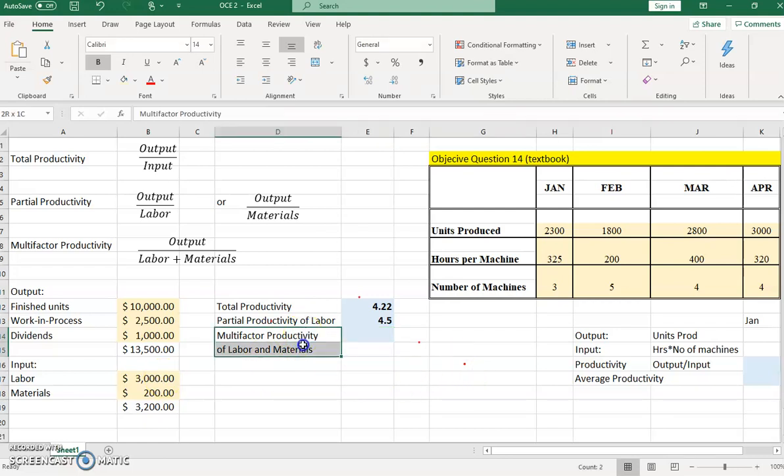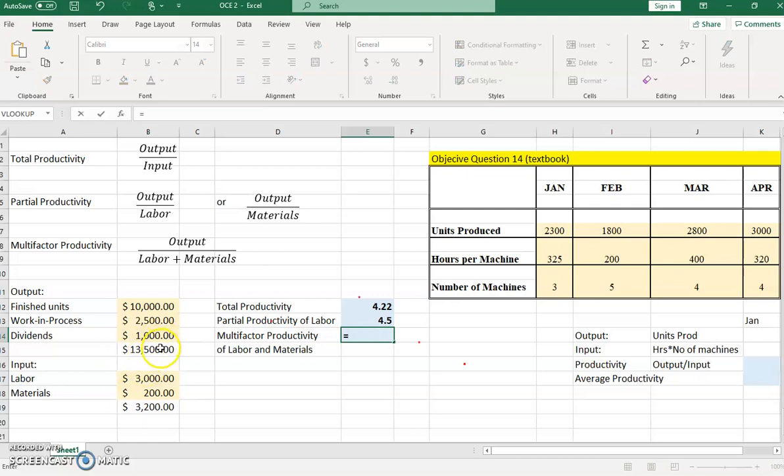Now, the multi-factor productivity of labor and materials is going to be equal to the total output over the total of labor and materials, which is 3,200, which is 4.21, and I'm going to make this again to two decimal points. So that's how I calculate the total productivity, partial productivity, and multi-factor productivity.